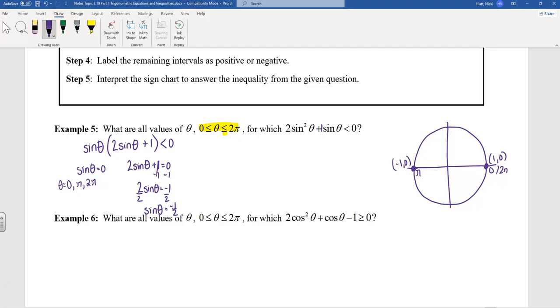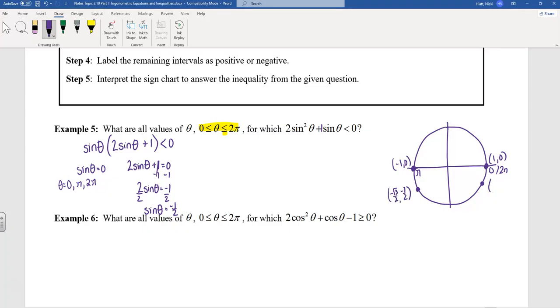And then I also want to think about where sine is negative 1/2. Sine is your y coordinate, so that's right here. And right, oh no, not right there. Back up. Right here. And right here. Right here we've got negative root 3 over 2, negative 1/2.